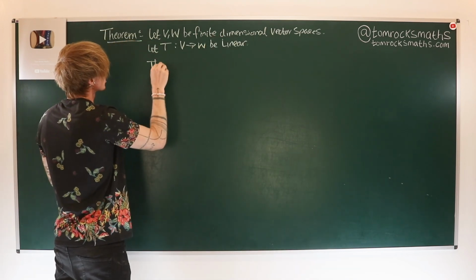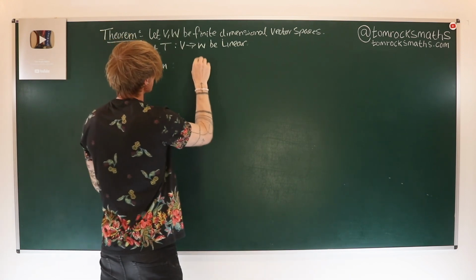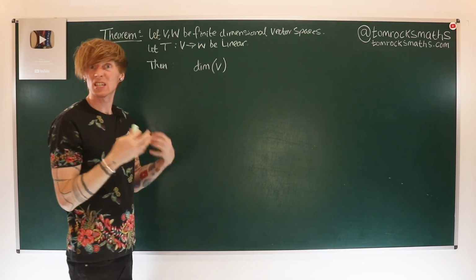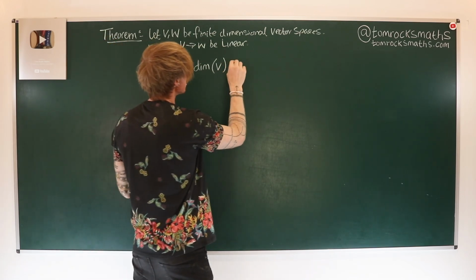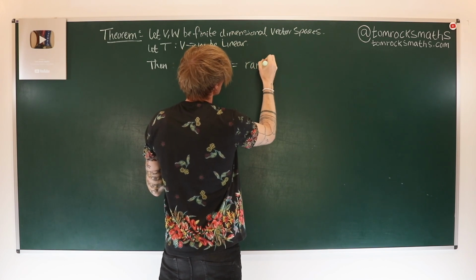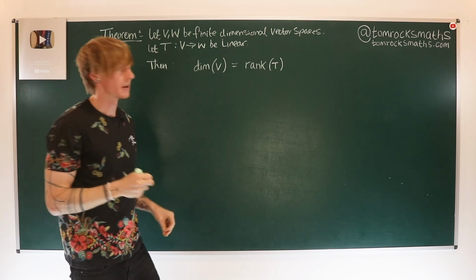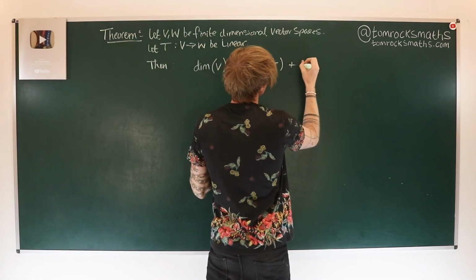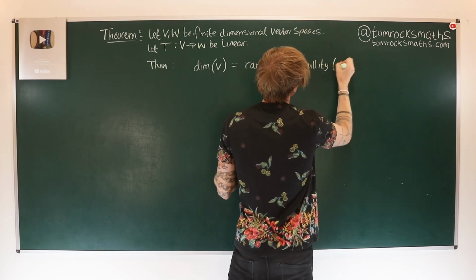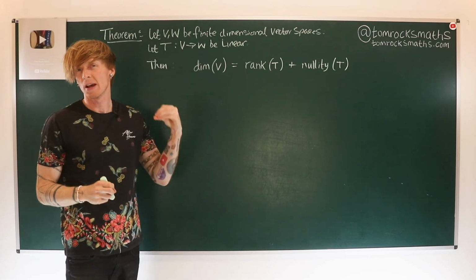Then the rank nullity theorem states the following: the dimension of V, which is our starting space, is equal to the rank of the map T, which remember is the dimension of the image of T, plus the nullity of the map T, which again, recall, is the dimension of the kernel.